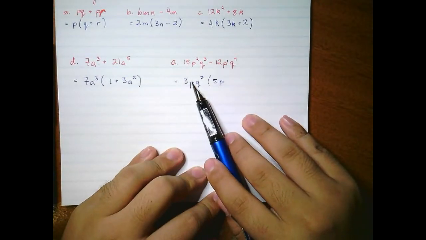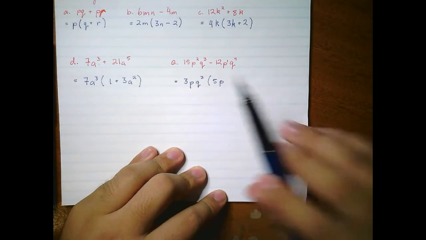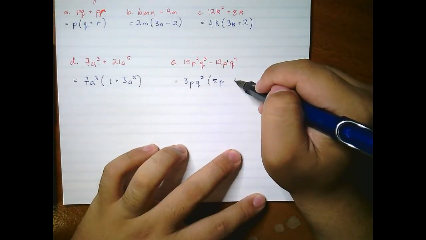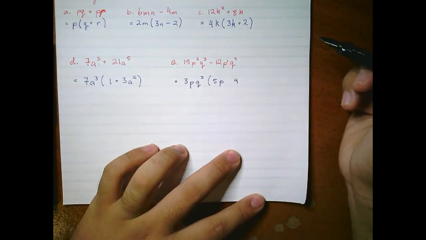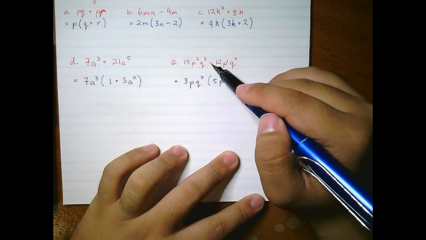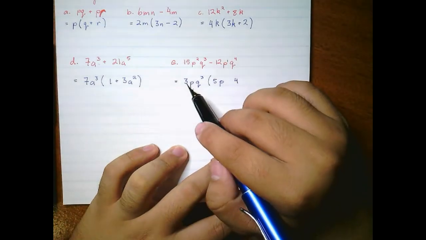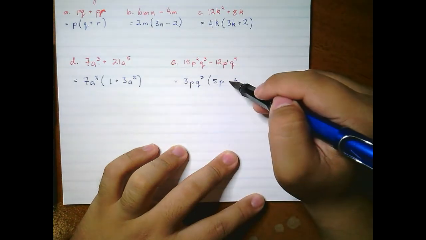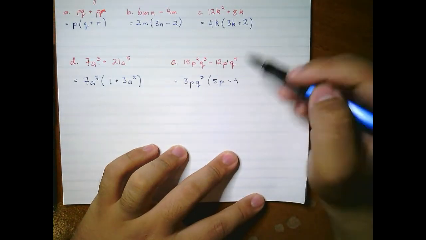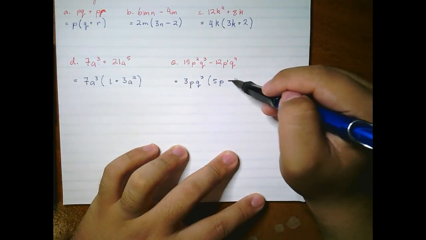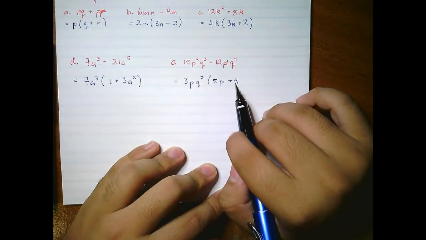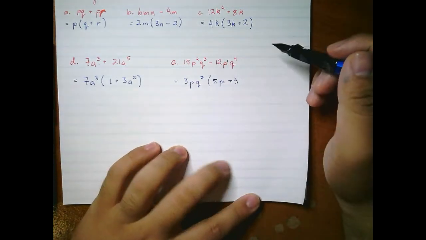3 times what gets me 12? Well, I know 3 times 4 is 12, but I need it to be a negative. That 3 is a positive, so this is going to be a negative. Because look, 3 times negative 4 is negative 12, that works.